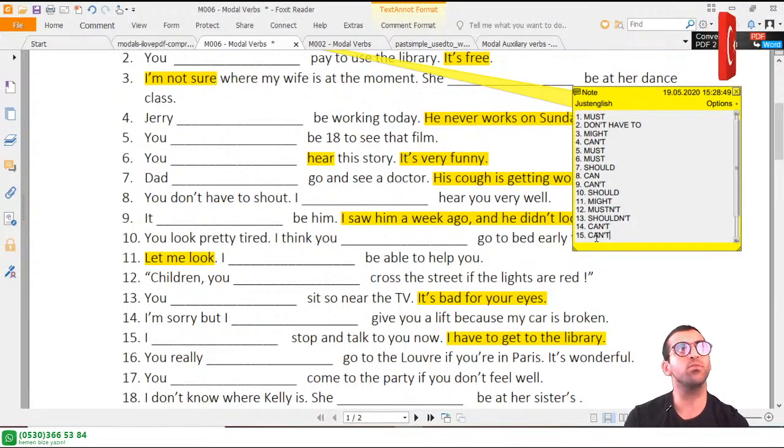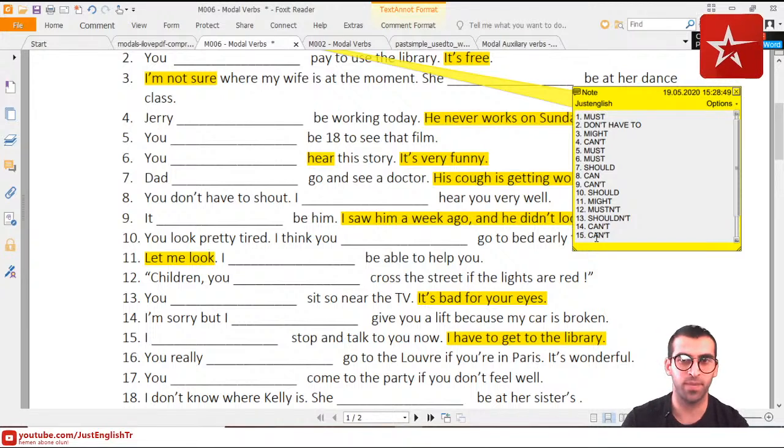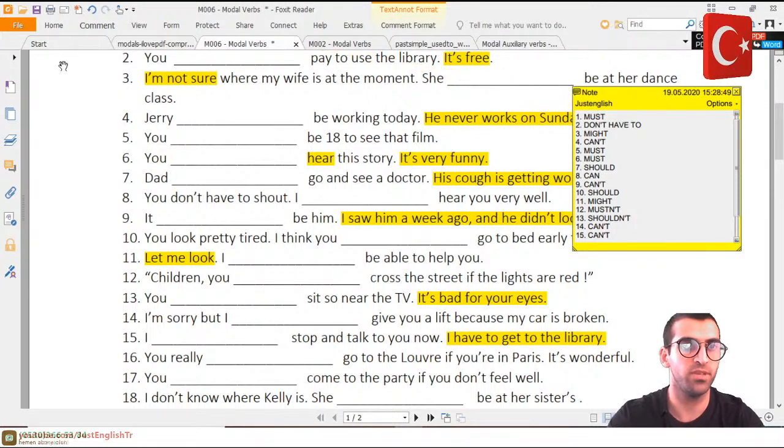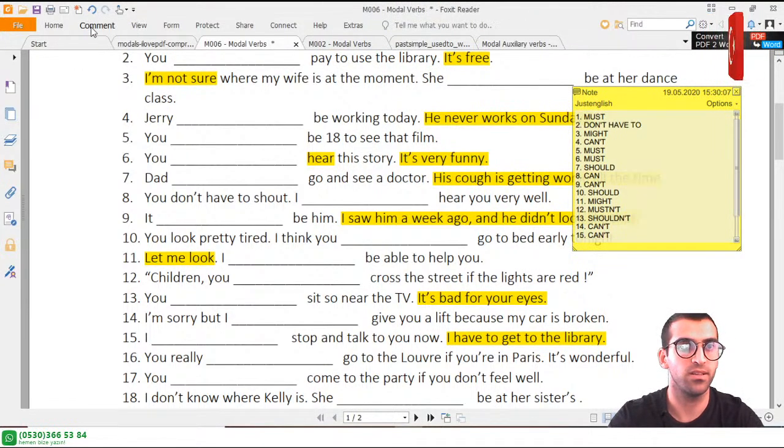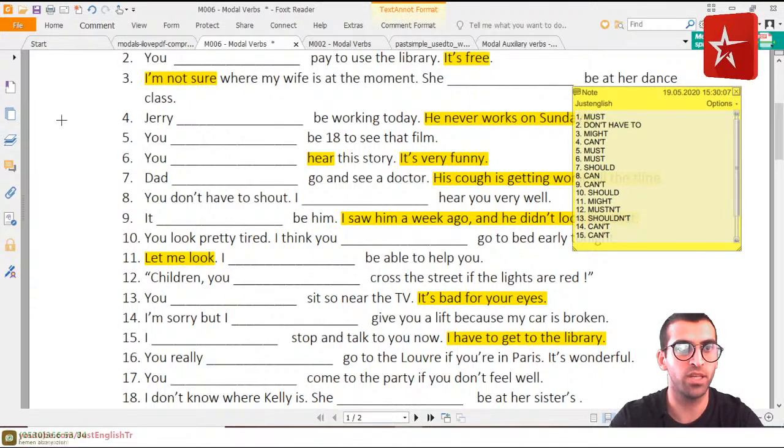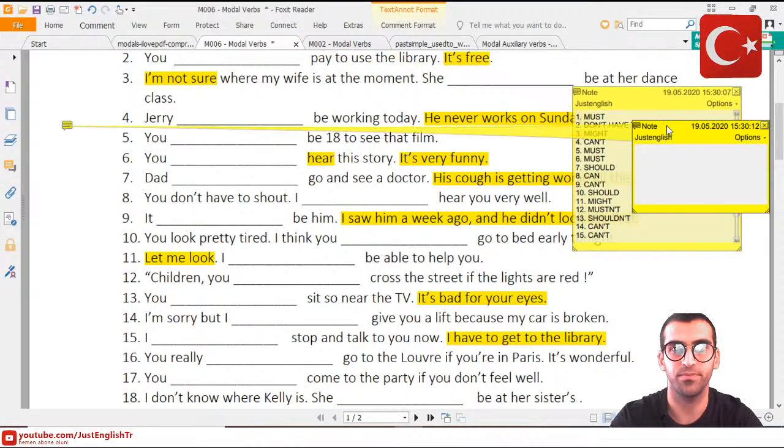Okay, first modal verb is had better. Do you remember had better? Okay, write a sentence by using had better.